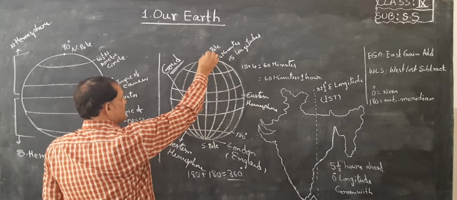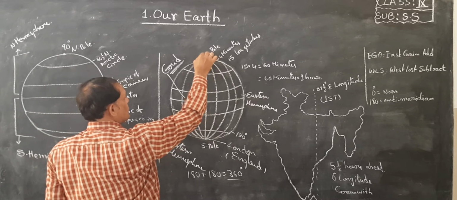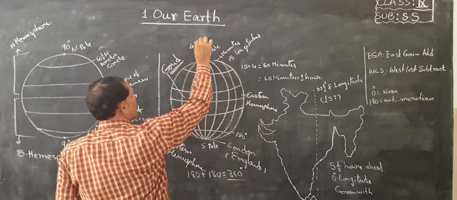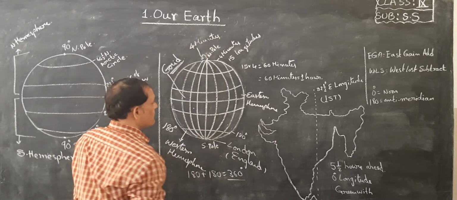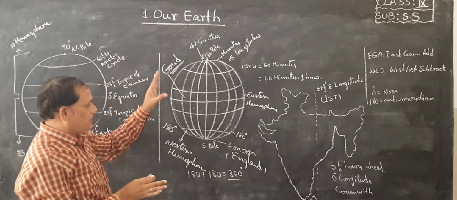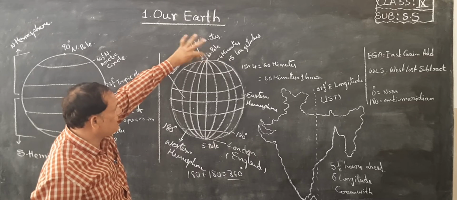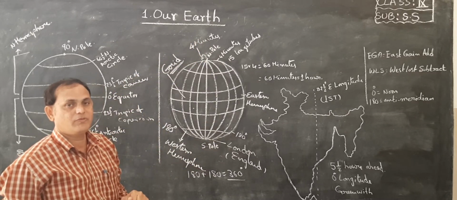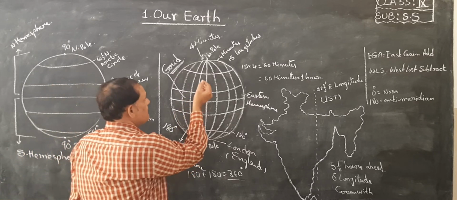The sun's rays reaching from one longitude to another longitude take 4 minutes of time, children. How many? 4 minutes of time. Every 15 longitudes are called one zone, children.